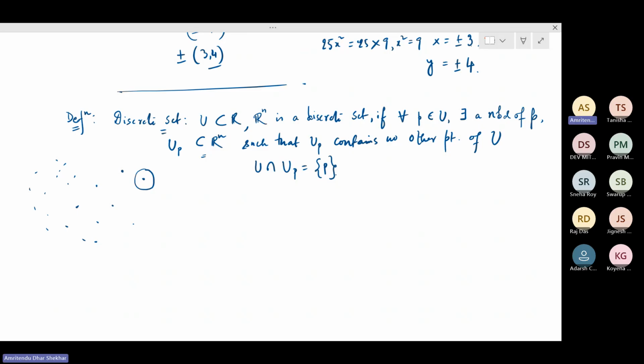Let's say the graph of a continuous function is going to be, for instance, not a discrete set. Or let's say if I compute this circle, x squared plus y squared is equal to 1. This is not a discrete set.